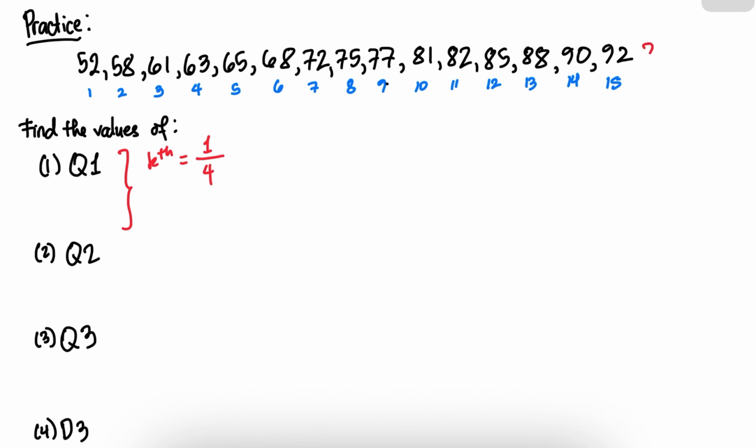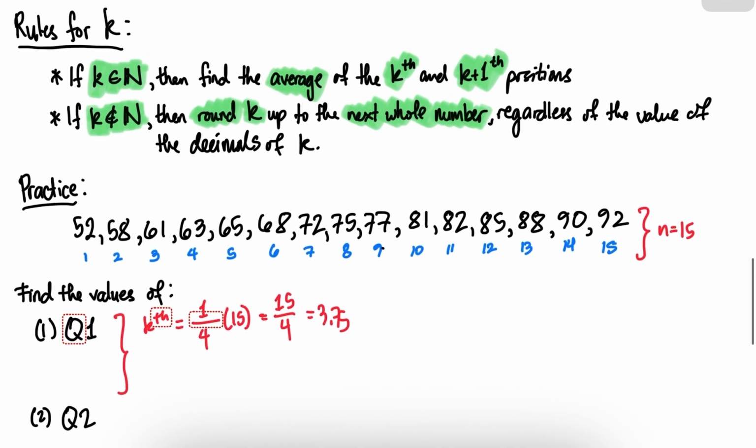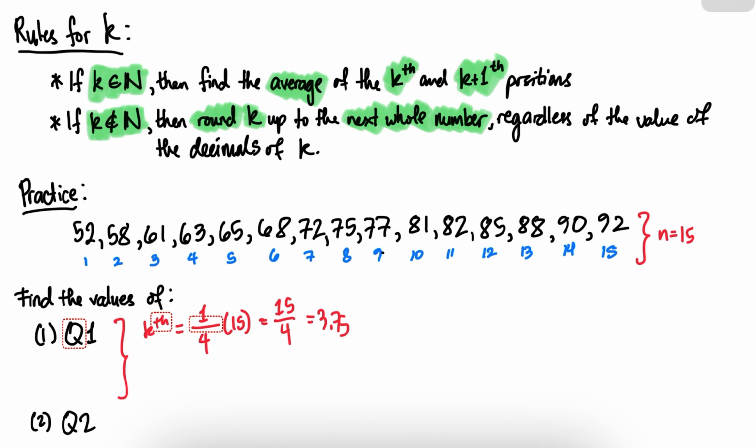Our n here, as we all know, is 15. So we have 1/4 multiplied by 15. You can go ahead and use a calculator if you want. That becomes 15 over 4, which is simply division, and it gives us 3.75. Again, applying our rule number 2, since our k is not a natural number, we always round up. So this leads us to the k value of 4.